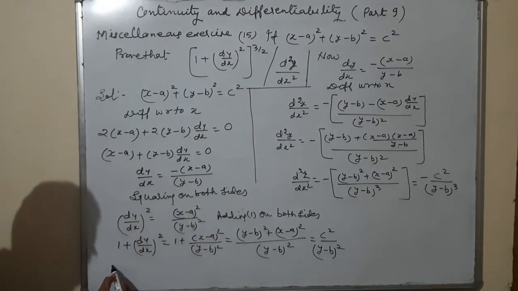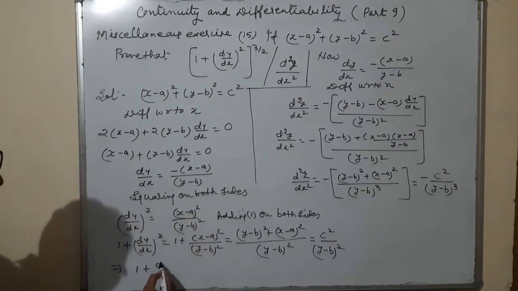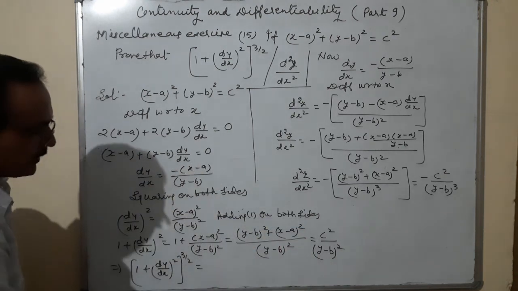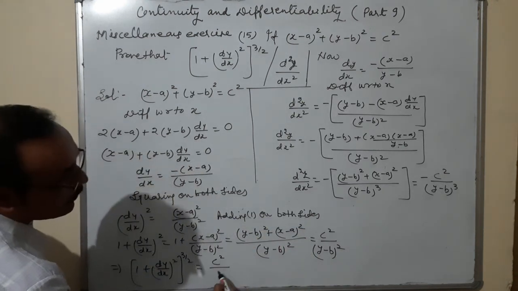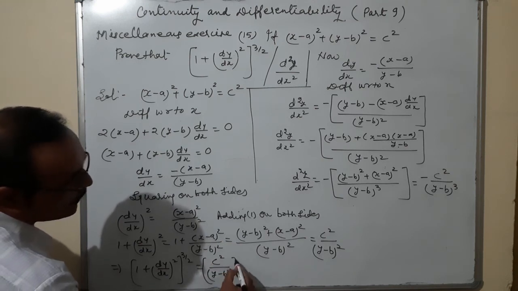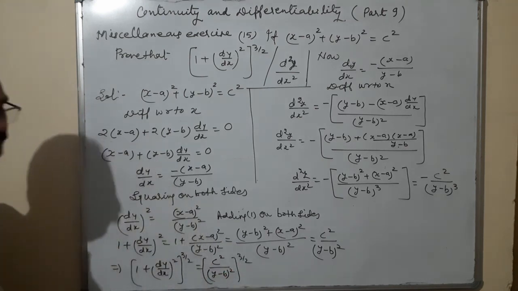Now the value of 1 plus (dy by dx) whole square to the power 3 by 2. So now coming to the next term, 1 plus (dy by dx) whole square to the power 3 by 2, that means c square upon (y minus b) whole square, to the power 3 by 2 also. Okay.